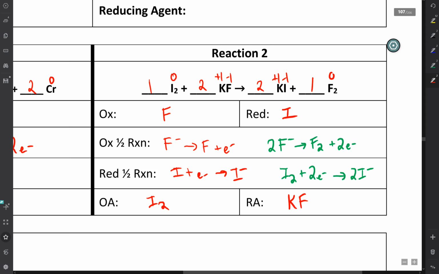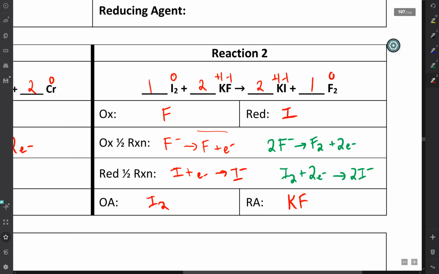And green is a better way to represent it. I know that I have F2 as a product and I2 as a reactant in my oxidation and reduction half reactions respectively, so we can just double the number of ions we have, double the number of electrons that we both produce in oxidation and gain in reduction, and that's a much better way to write it.